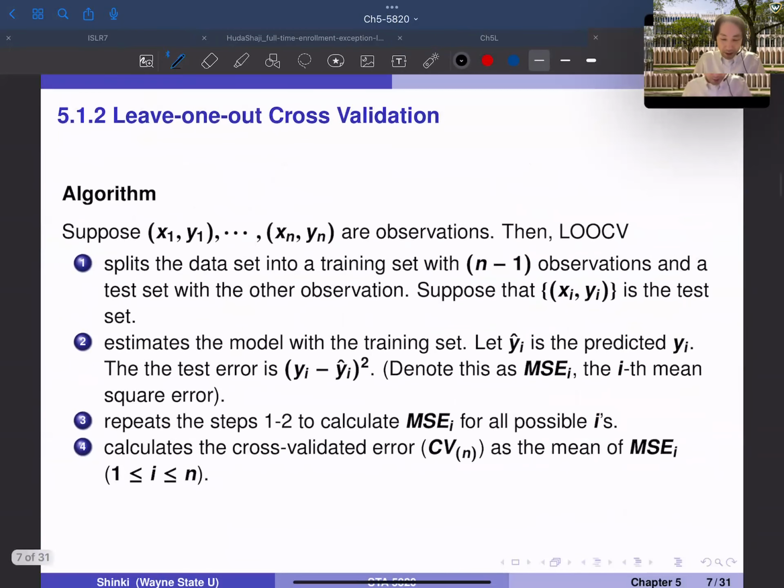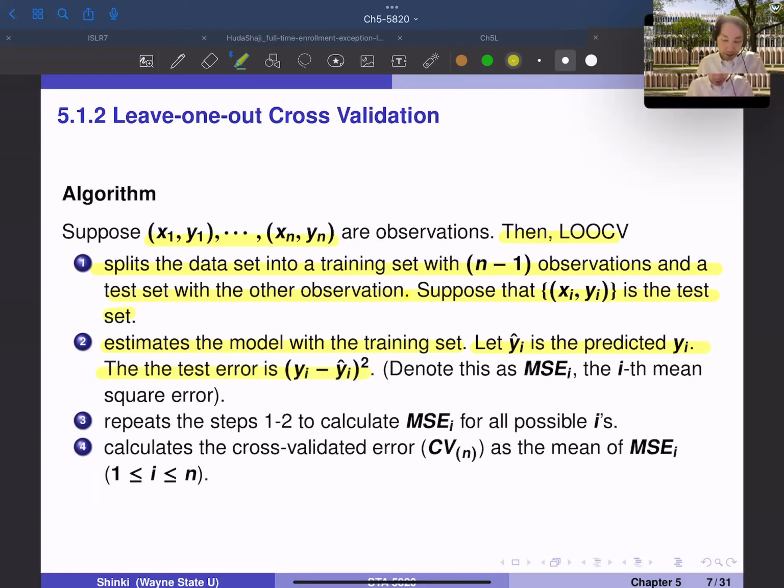To be concrete, this is the procedure. Suppose that x_1, y_1 to x_n, y_n are observations; maybe the x_i's are vectors if we have multiple predictors. Then LOOCV, leave-one-out cross-validation, splits the data set into a training set with n-1 observations and a test set with one observation. Suppose that x_i, y_i is the test set. Then we estimate the model with the training set and let y_i hat be the predicted y_i.